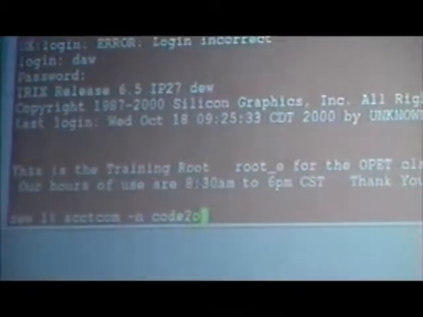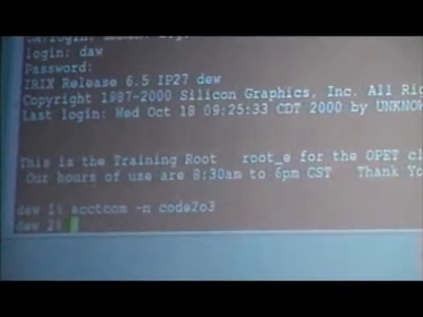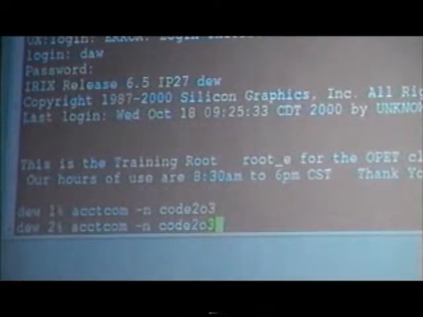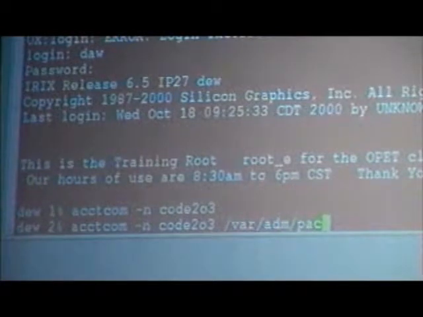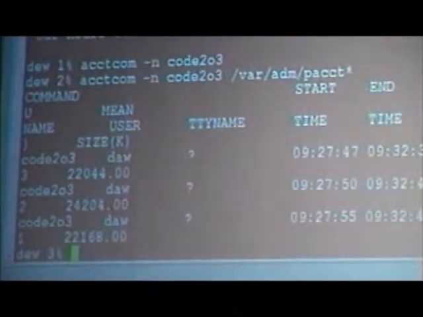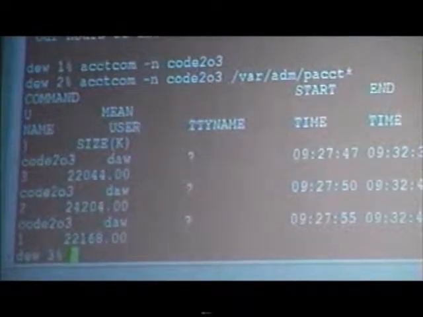ACCOM -N, code 203, so nothing in there, which means it's probably switched. So I'm doing var ADM PAC asterisk. I've had 3 code 203s running. I was hoping other people would be running them too. They're running right now. Okay, they're still running.